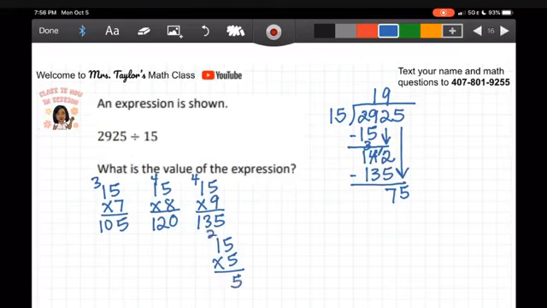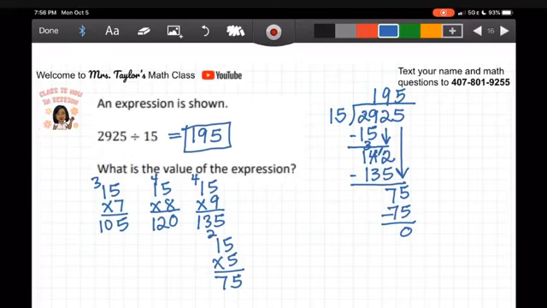And then you just say 1 times 5 is 5. Add 2 to get 75. And our remainder is going to be 0. So our answer to this expression is 195. And we like it when we get a remainder of 0. It's like, whew, I felt like I did that problem right.